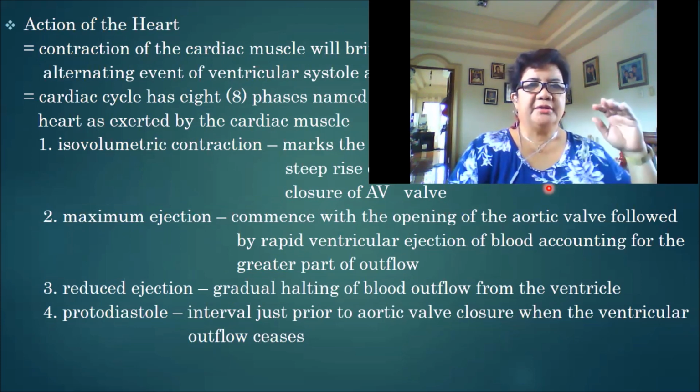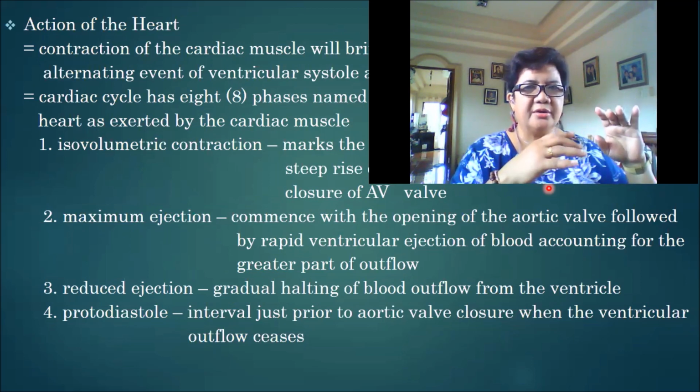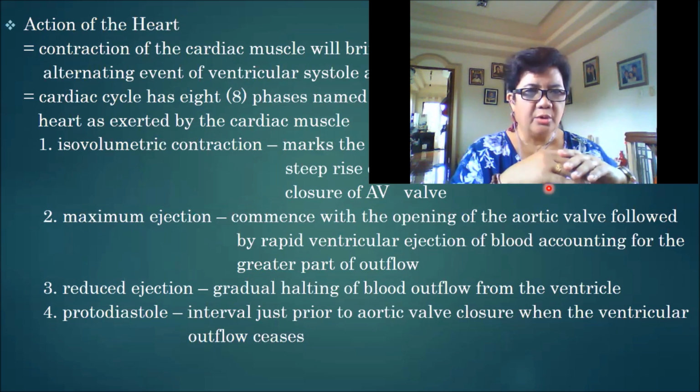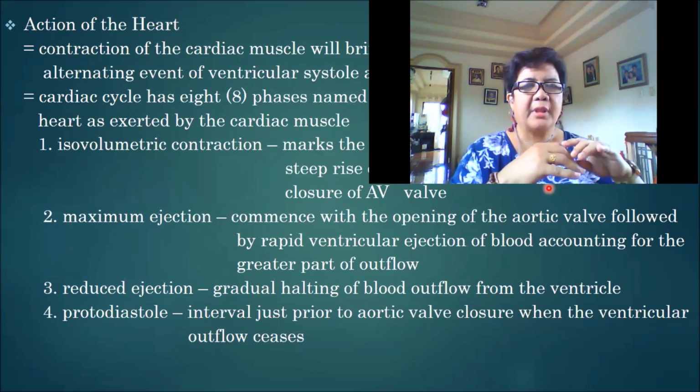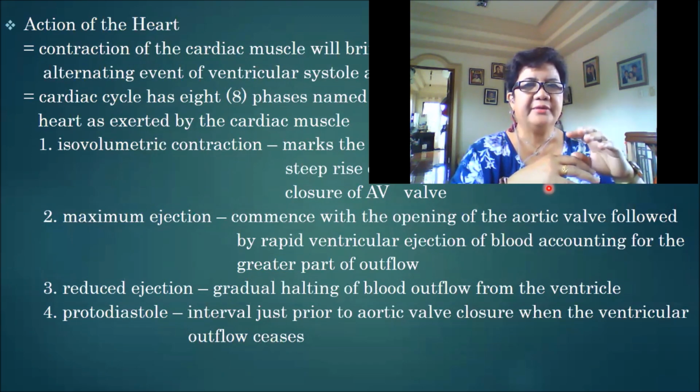So the valve that separates your atrium and your ventricle will be closed, so that there will be a building up of ventricular pressure, while the auricle or the atrium will relax.